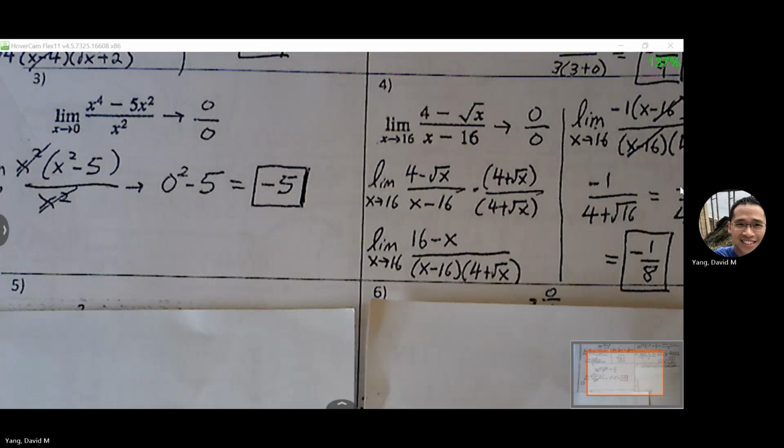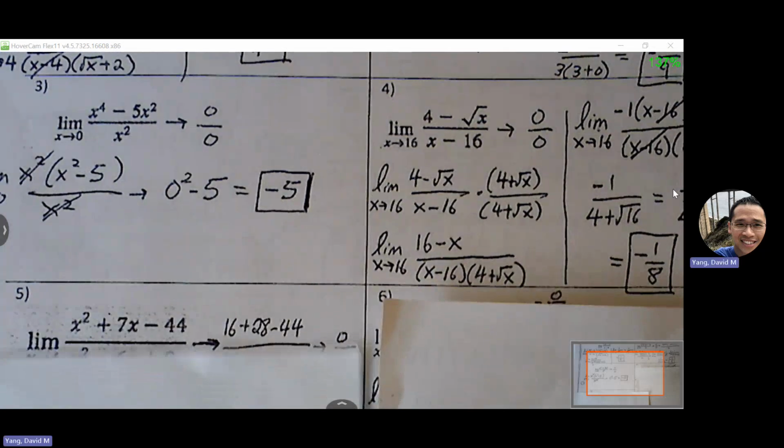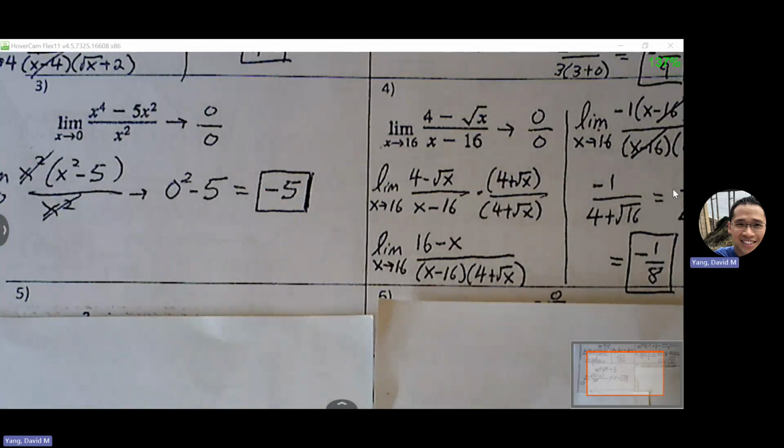Yeah, so this is trinomial factoring. Should be 0 over 0.